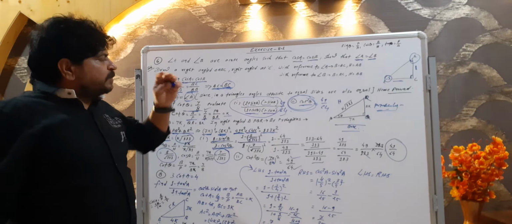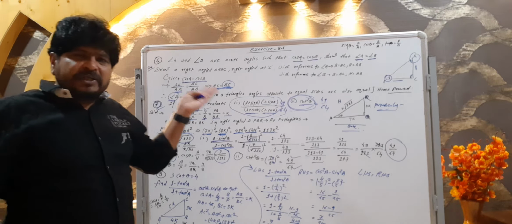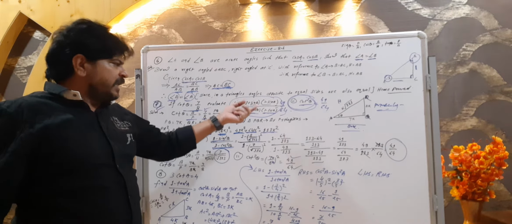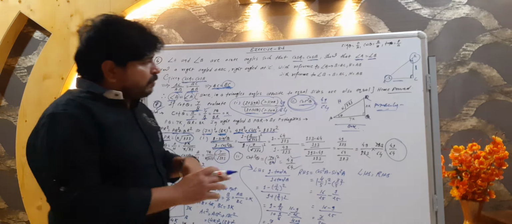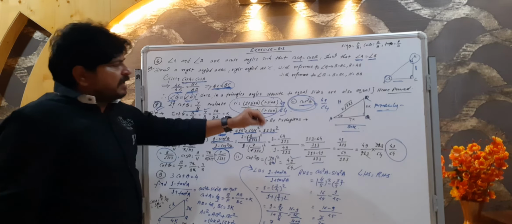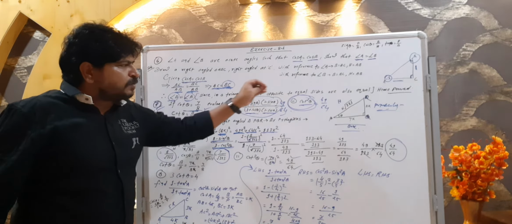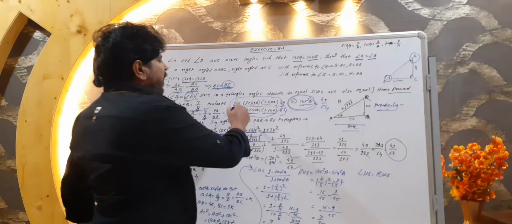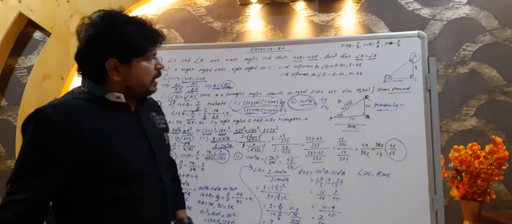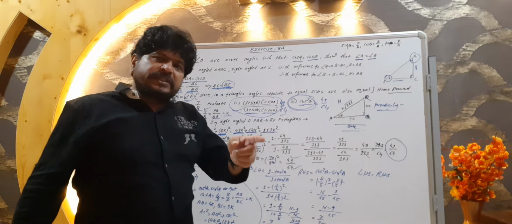Then, as per the trigonometric ratios, the T ratios, we found the values of sin and cos with the help of this particular diagram. After that, we put in all the values and found the answer. When we evaluate both conditions, both answers are the same, 49 upon 64.